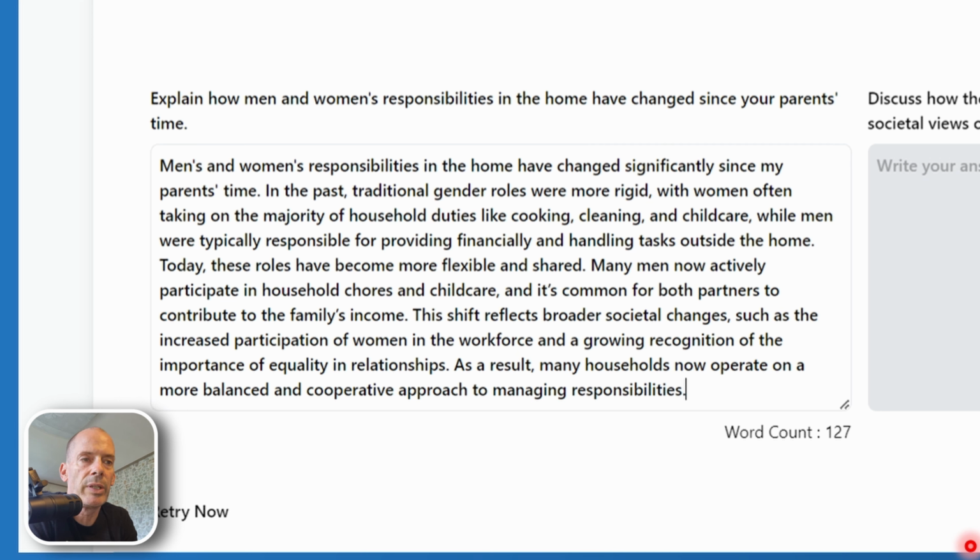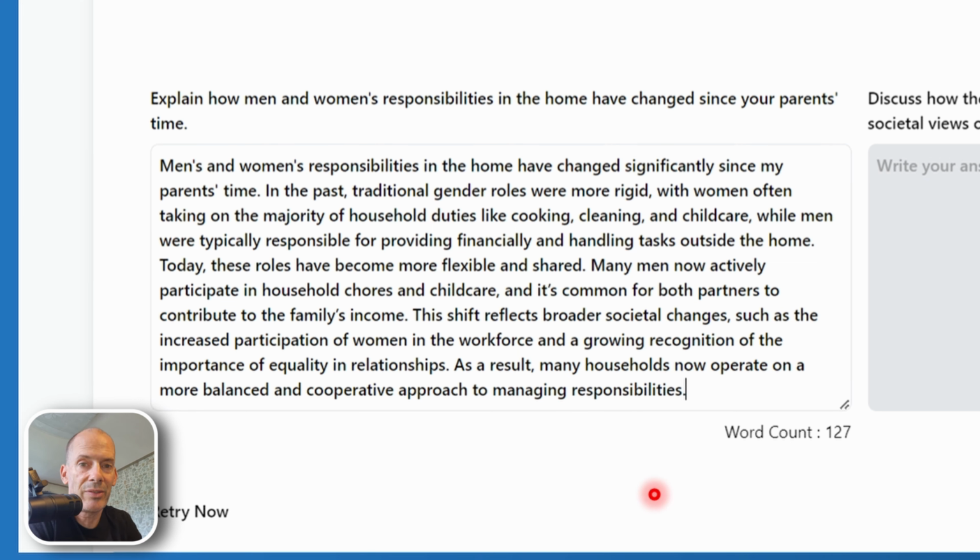Many men now actively participate in household chores and childcare, and it's common for both partners to contribute to the family income. The shift reflects broader societal changes, such as the increased participation of women in the workforce and a growing recognition of the importance of equality in relationships. As a result, many households now operate on a more balanced and cooperative approach to managing responsibilities.